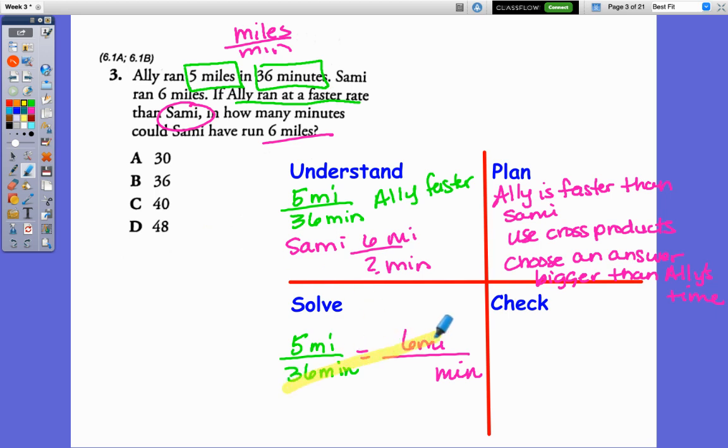So I'm going to multiply across. 36 times 6 is 216. And then you divide by your leftover.